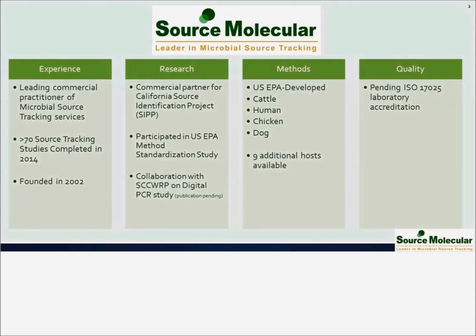And we have very strict quality control and quality assurance procedures, and through that we're in the process of finalizing our ISO 17025 accreditation, which will make us the only accredited laboratory in the country to do microbial source tracking.